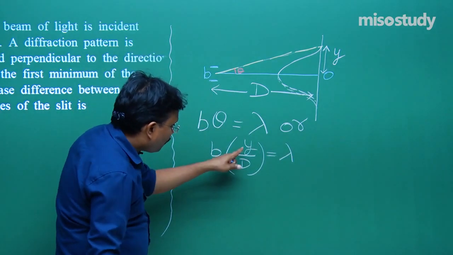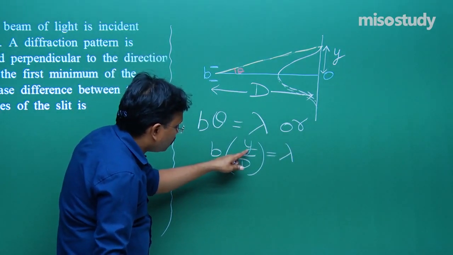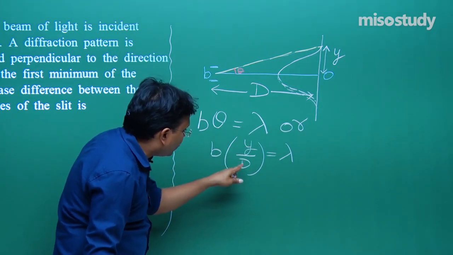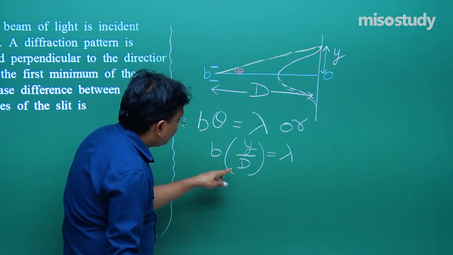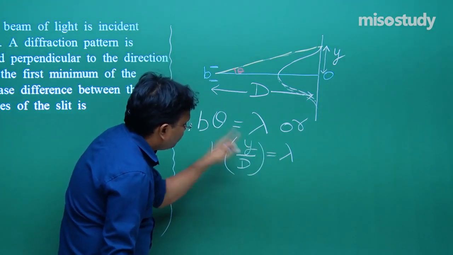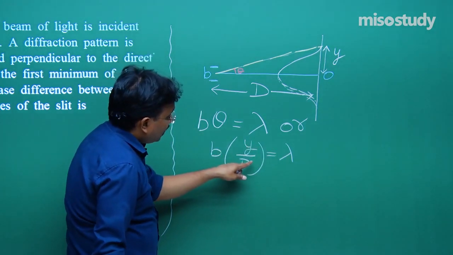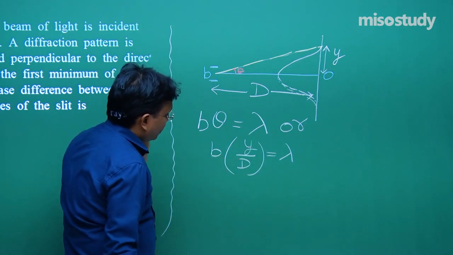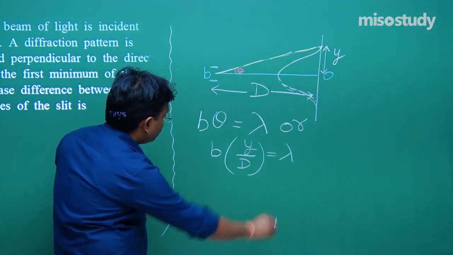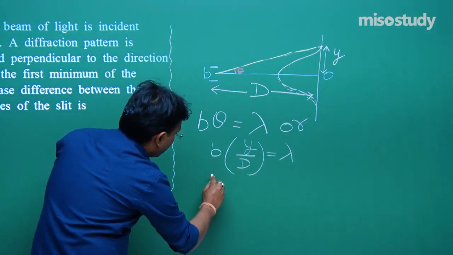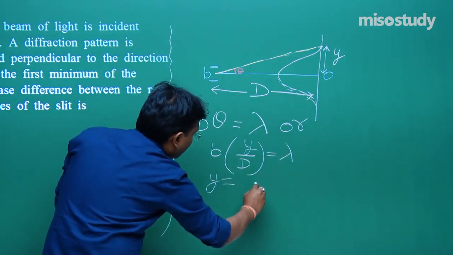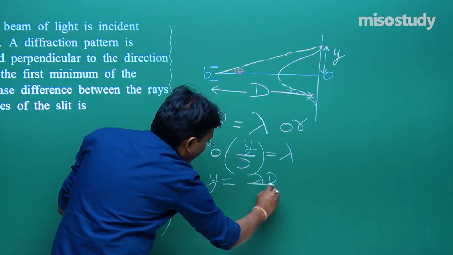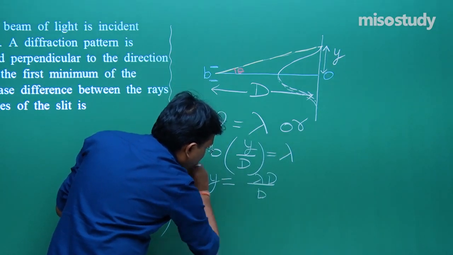From here if you want to find out, you can easily say y is equal to lambda d by b, or lambda is equal to y b by d, okay. So as such you can write y from this relation as lambda d by b, fine.